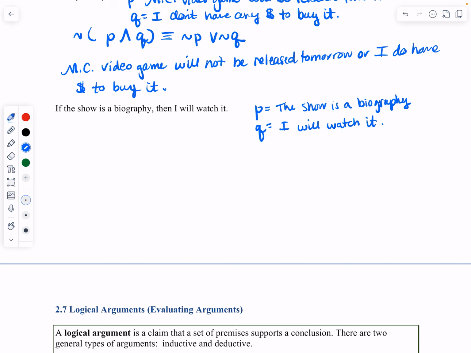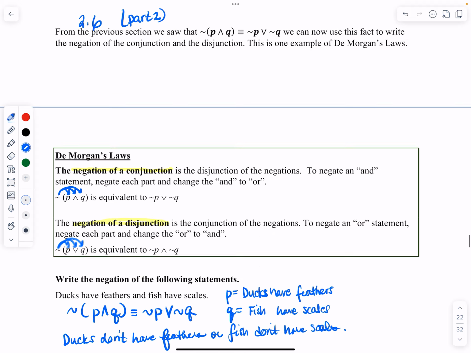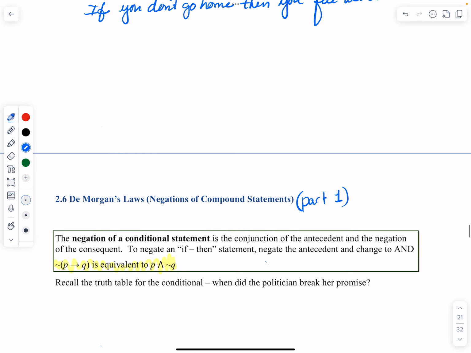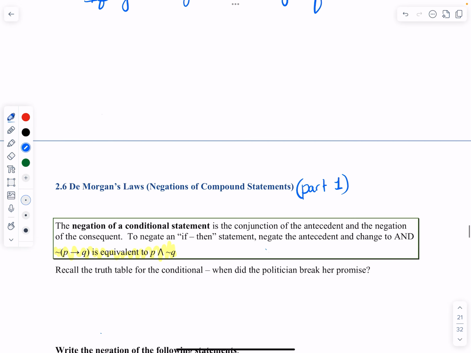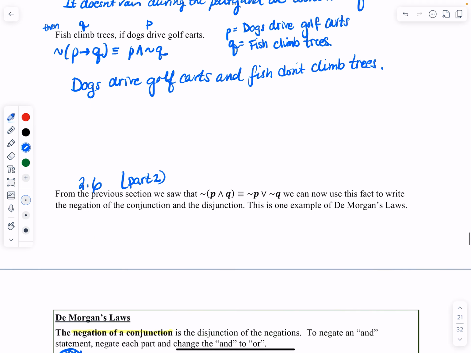Okay, so I have to write up the original statement. It's an if-then: if P then Q. Remember, I'm negating that. That is logically equivalent to P and negation Q. That came up at the very beginning, in the last section. So I'm just showing you that the logical equivalent of the negation of P implies Q is P and not Q. Okay?